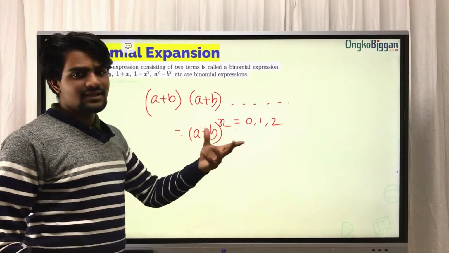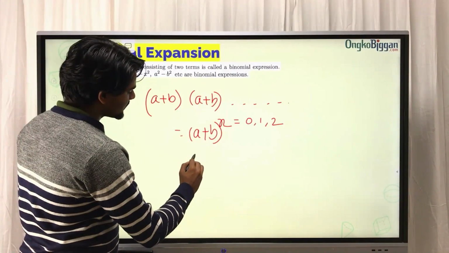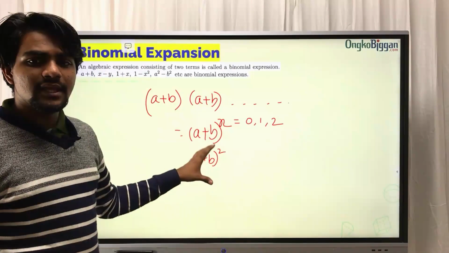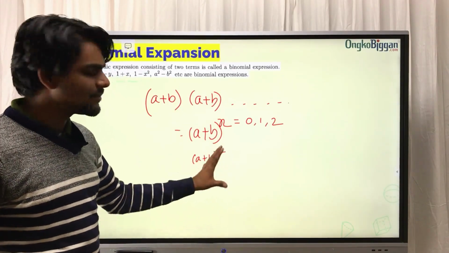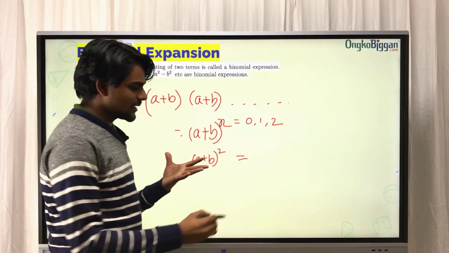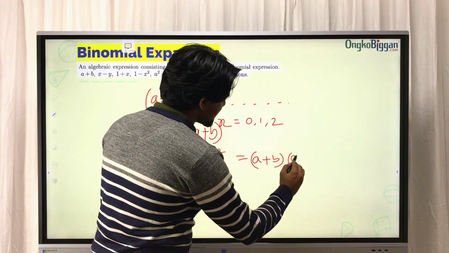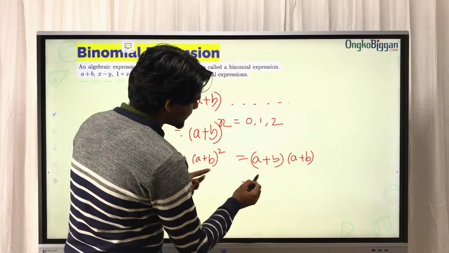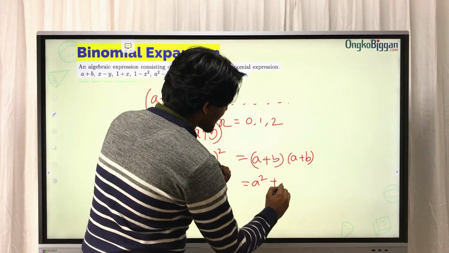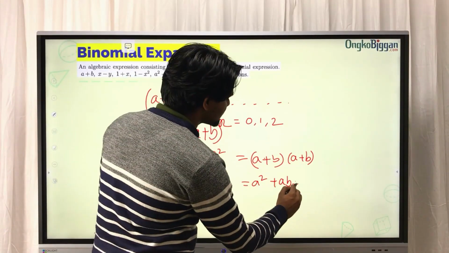Now let us take a plus b whole square. We have taken this binomial expression and expanded it. The expansion looks like this: a into a is a square, then b into a is plus ab. Similarly, b into a is also plus ab.